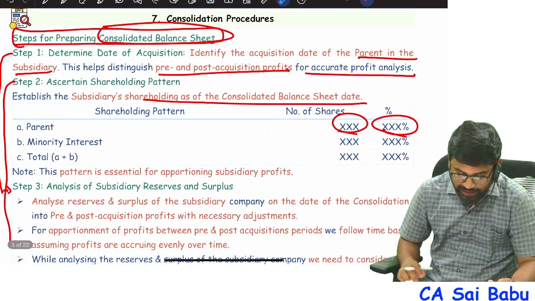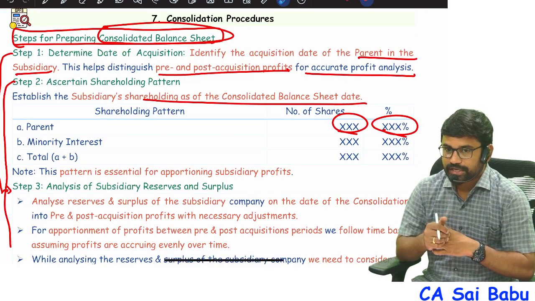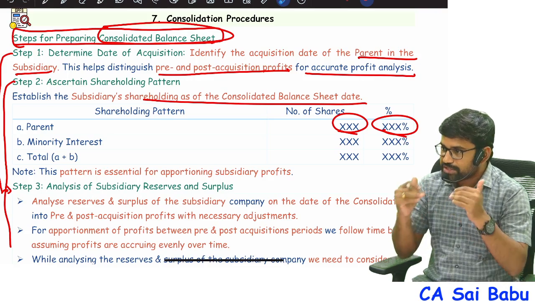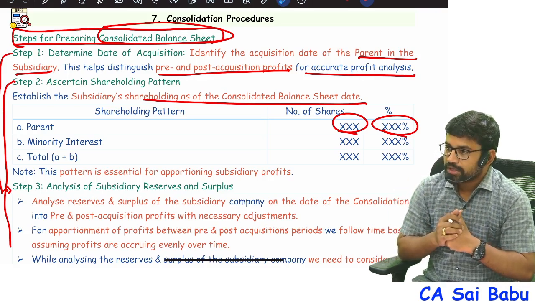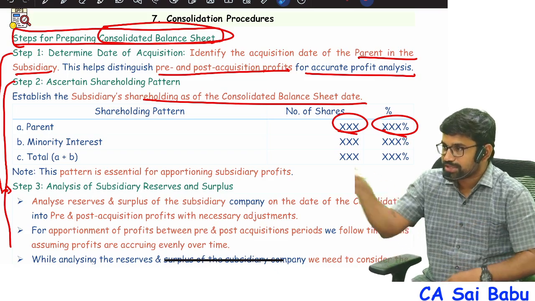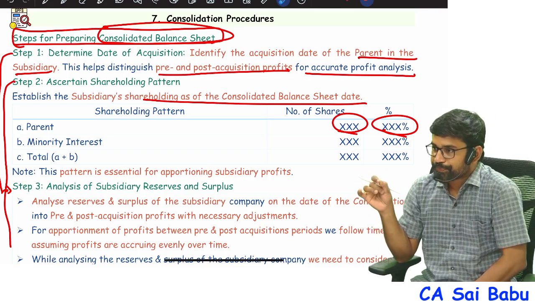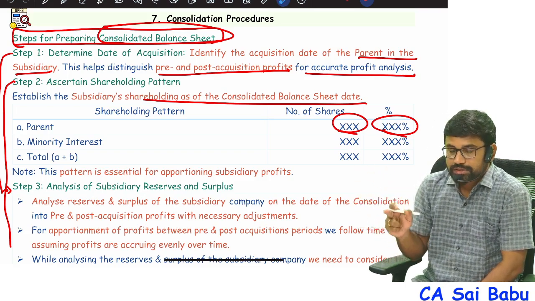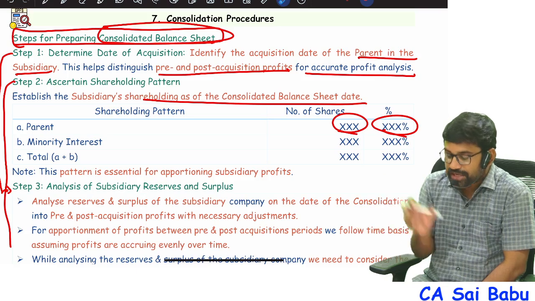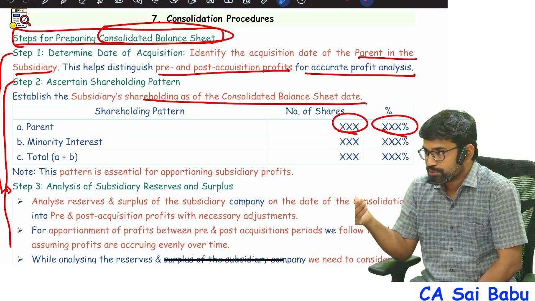So tell me, can you help me? Whenever you want to do the consolidation of subsidiary company and prepare the consolidated balance sheet, what is the first step? Date of acquisition. Always first in the problem, see what is the date of acquisition. Why is date of acquisition necessary? Because to analyze the profits of subsidiary for apportionment, this date of acquisition is important. What is step number 2?